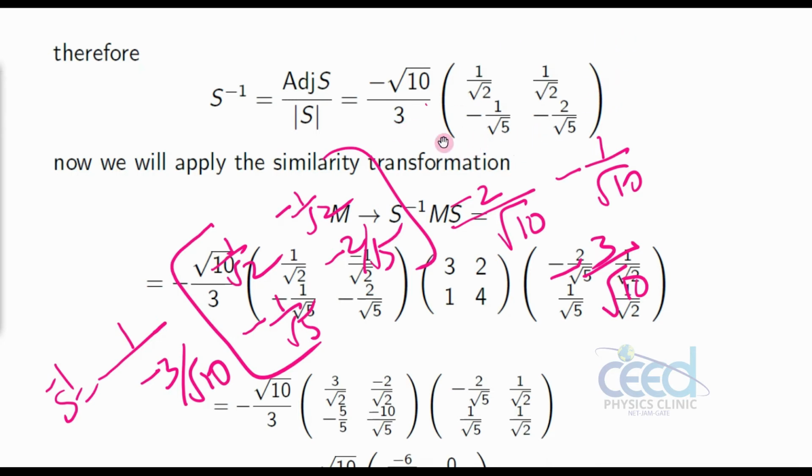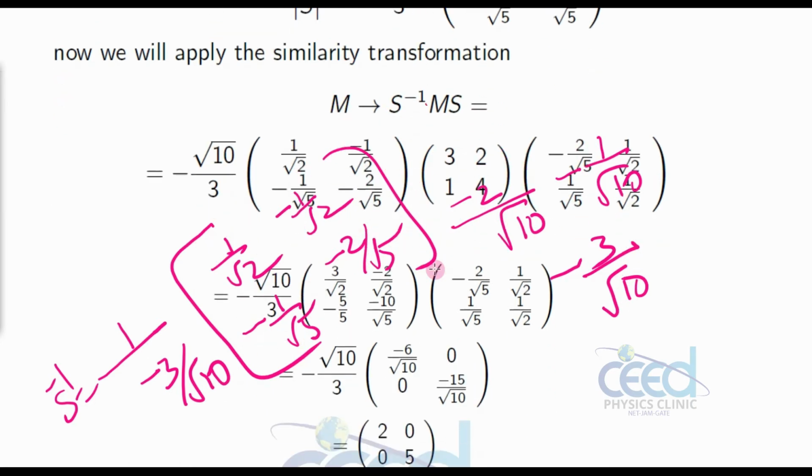So you will get this S inverse. So what is the diagonalizing matrix? The diagonalizing matrix is S. Now if you do the diagonalization using this diagonalizing matrix, the operation is S inverse MS.